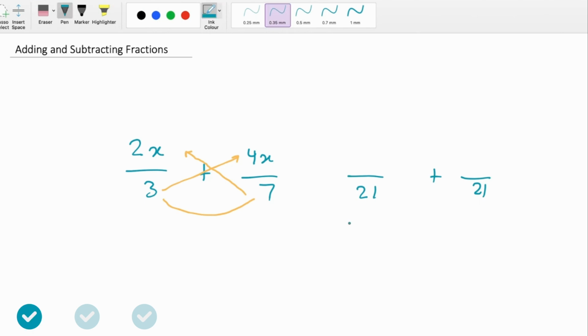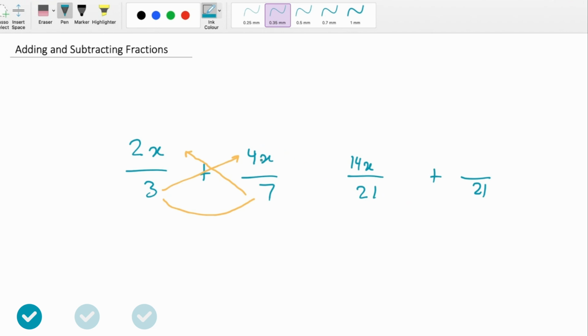Now the next bit is, let's work with the left fraction. We have this 2x. This 2x is going to multiply by 7. 2x times 7 is equal to 14x. And the same goes on the other side.